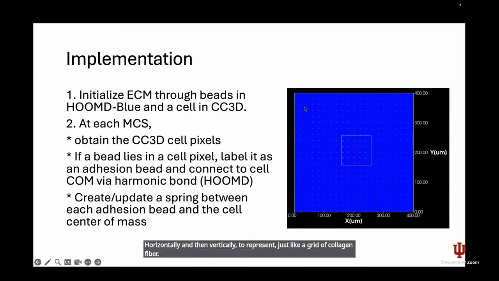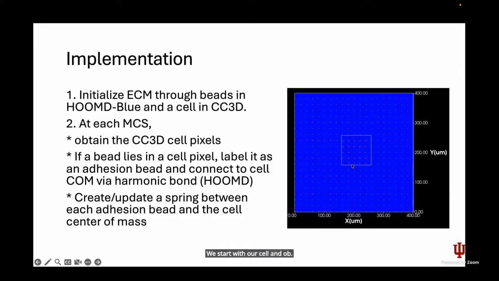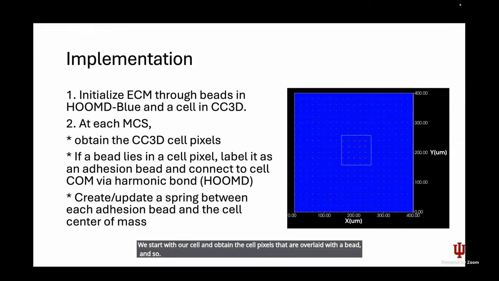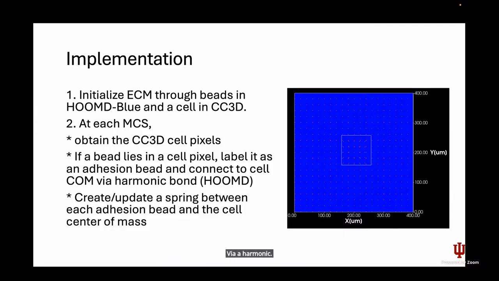And so at each MCS, we start with our cell and obtain the cell pixels that are overlaid with a bead. If a bead lies within the cell pixels, you label it as an adhesion bead. And that is then connected via a harmonic bond in HOOMD to the cell center of mass, which is calculated through CompuCell.